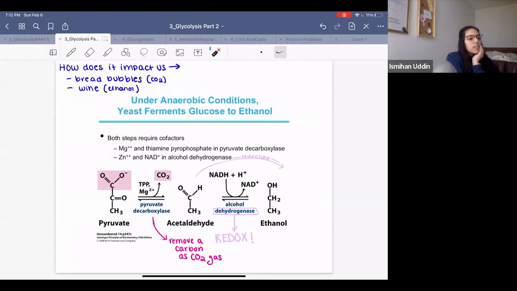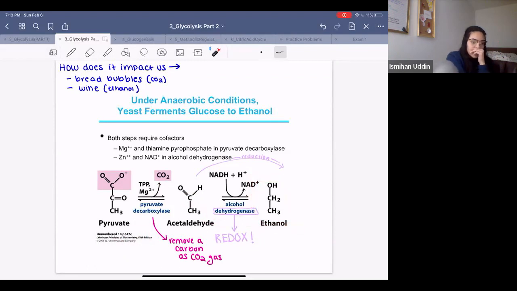Under anaerobic conditions, yeast ferments glucose to ethanol. This diagram doesn't really show glucose, but we know that glucose becomes pyruvate. Pyruvate is then put through pyruvate decarboxylase, which removes a carbon as carbon dioxide gas. Now we have 2-carbon acetaldehyde. Then alcohol dehydrogenase, which is a reduction because it's redox, because it's a dehydrogenase, converts it to ethanol.